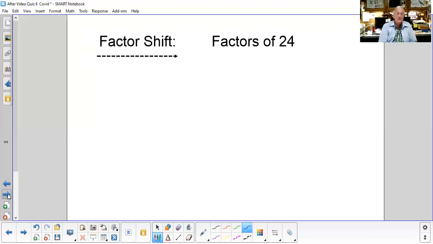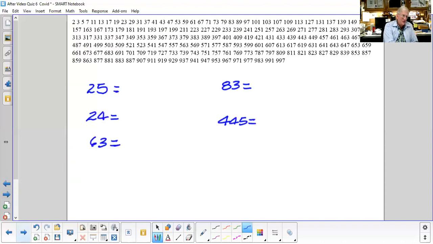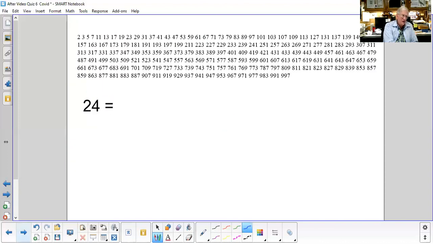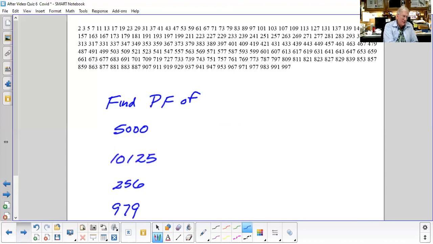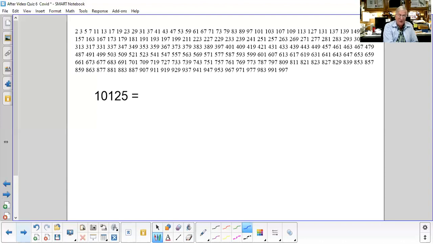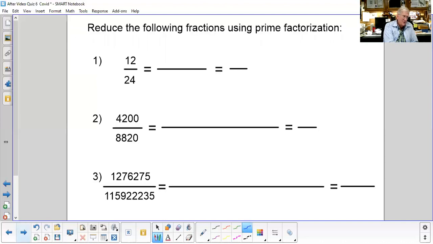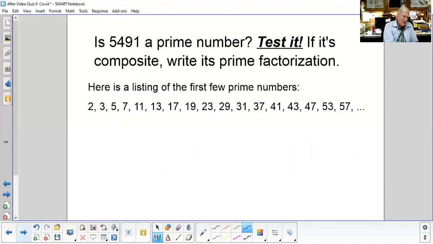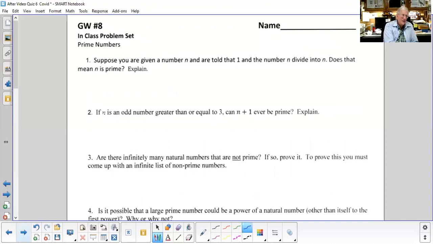So I think I'm going to save that for our next class, but what I would like to do is go here to group work 8, if I can find it here real quick. By the way, you see I have lists of prime numbers here to help you figure out the answers to these various problems, okay? So here's group worksheet 8, okay?